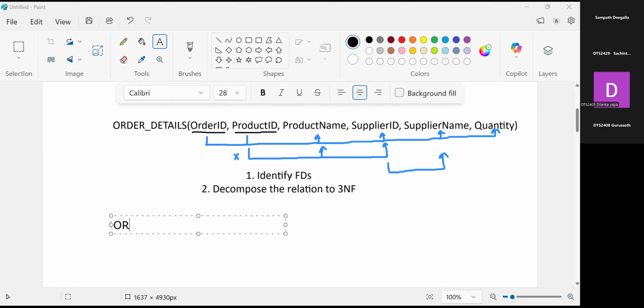We can get order details. Let me say 1. I will get order ID and product ID and quantity. This is 1.